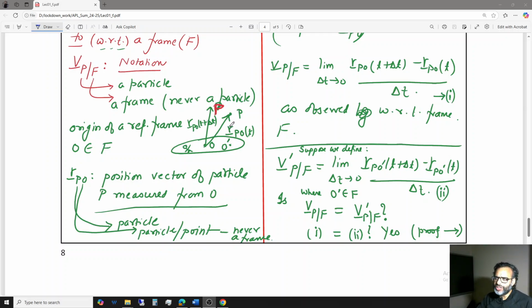At this time instant, can I write the vector Rpo prime in terms of Rpo and Roo prime?